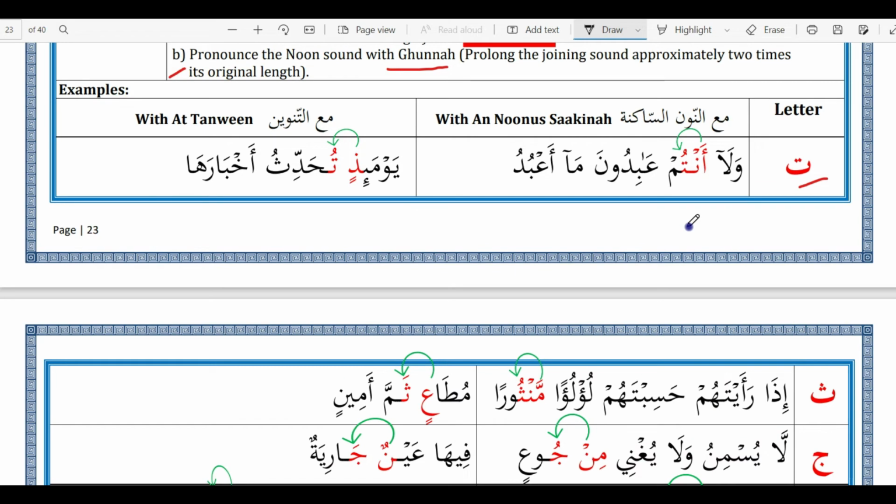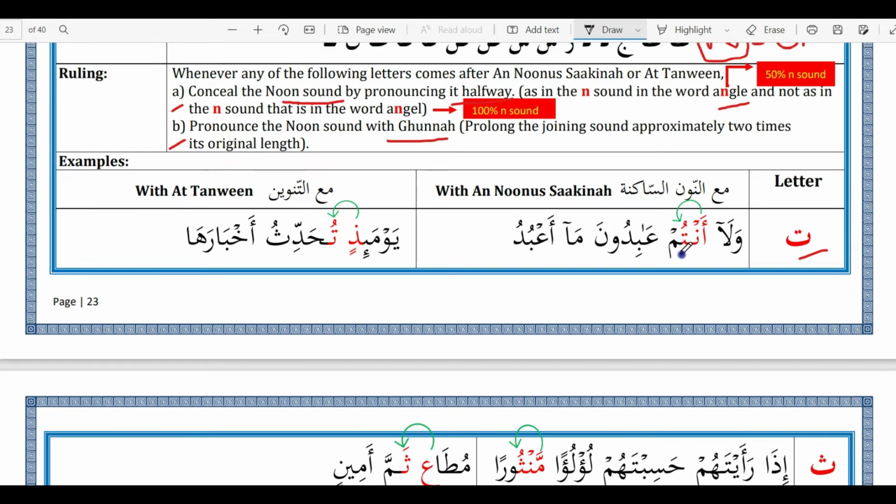So if we look here, we have ta, and it comes after a Noonus Saakinah. When a Noonus Saakinah is joined onto Alif, then we have this sound an. An, 100% noon, an. But because ta comes after Noonus Saakinah, we have to pronounce this Noonus Saakinah halfway.